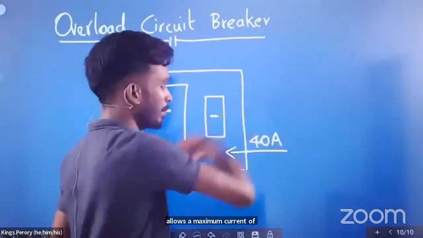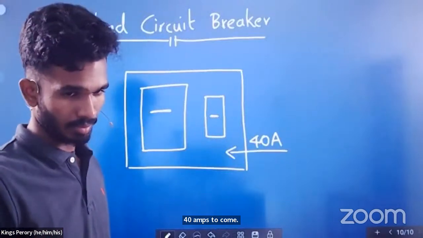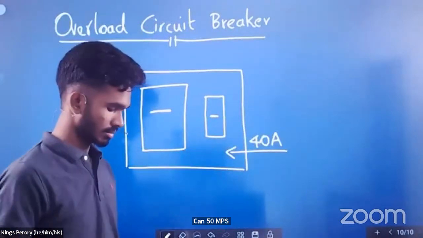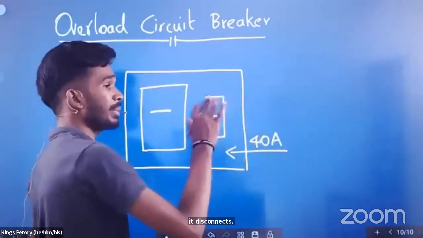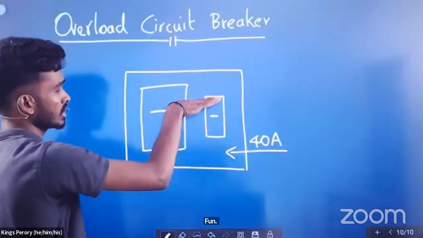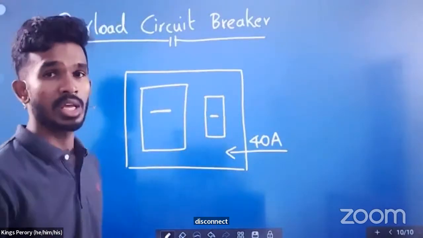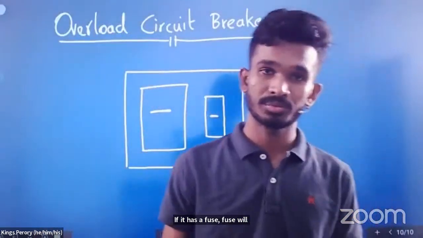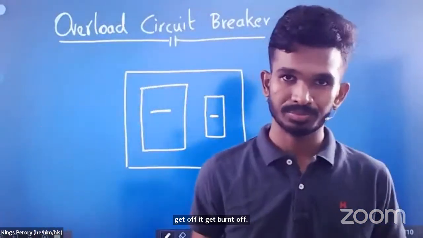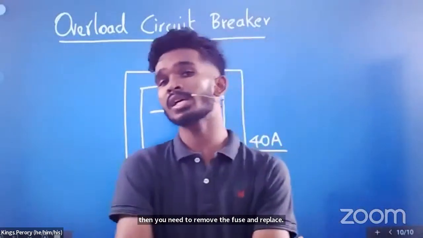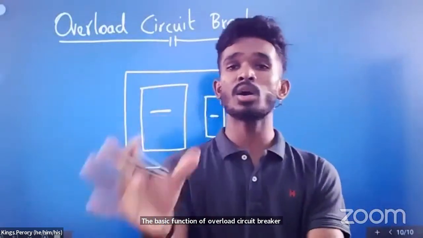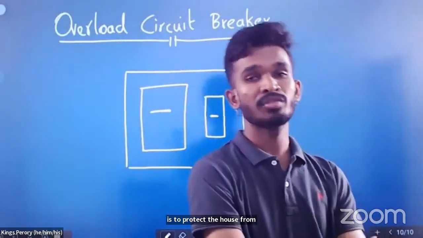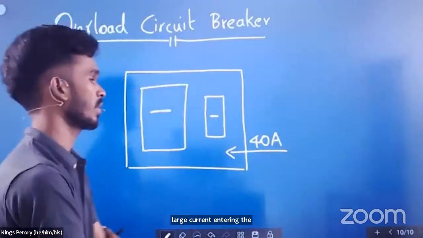Then can 50 amperes come? If 50 amperes try to come, what will happen? If it has a switch, the switch will go down. If it has a fuse, the fuse will get burnt off, and then you need to remove the fuse and replace it. So the basic function of the overload circuit breaker is to protect the house from large current, with a maximum of 40 amps. That is point 1.